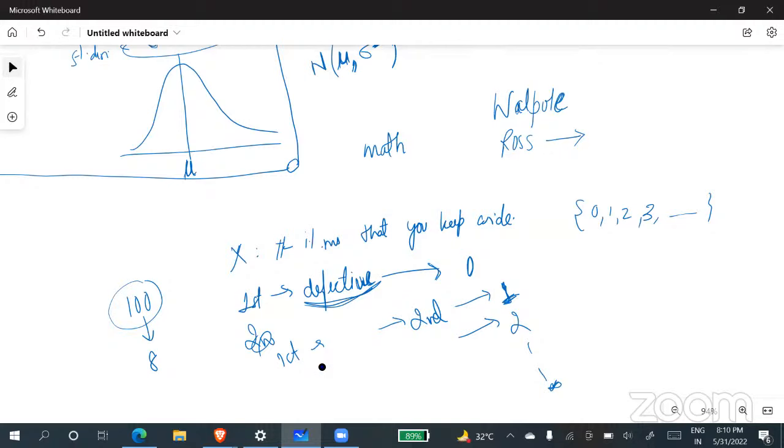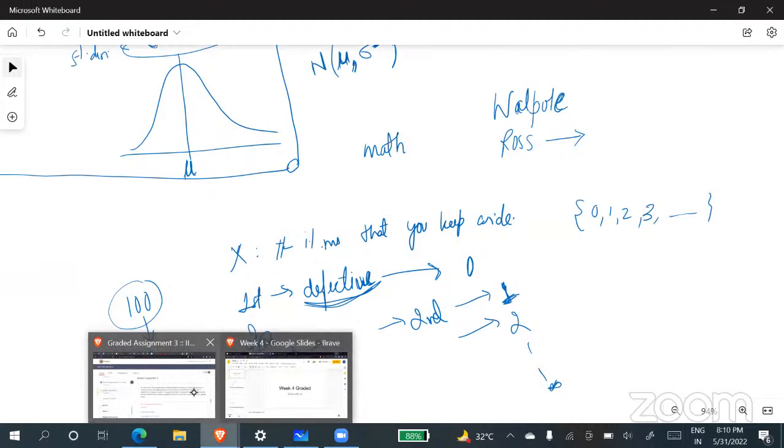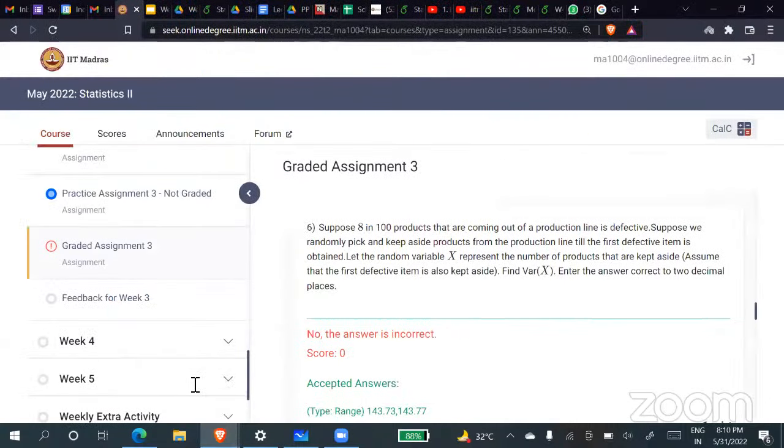But getting the defect on the first draw is what matters. So the number of items that you keep aside: if you get the first defective on the first trial, you're not keeping any item aside. It means 0. That is why it starts from 0. So this is why we are saying that even the first defective item is also kept aside. So whatever, if you are getting the defective item on the first trial, you keep it aside.